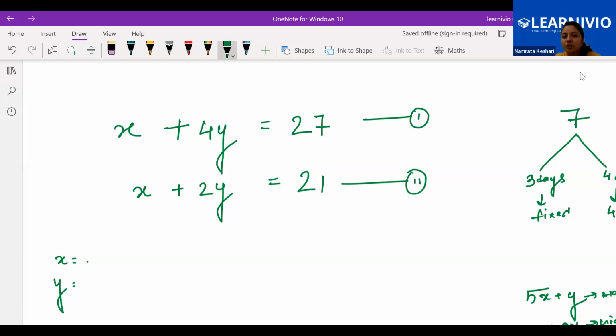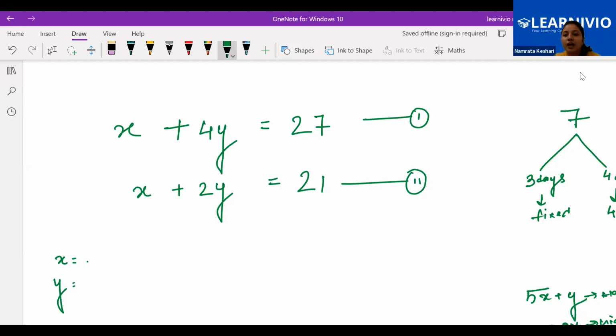Please solve it by the method of elimination and let me know the x and y values. Everyone, Harshit, Ziana, Arya, please solve it and send the snap, a snap of the page where you have solved, on the same WhatsApp number from where you got the link.